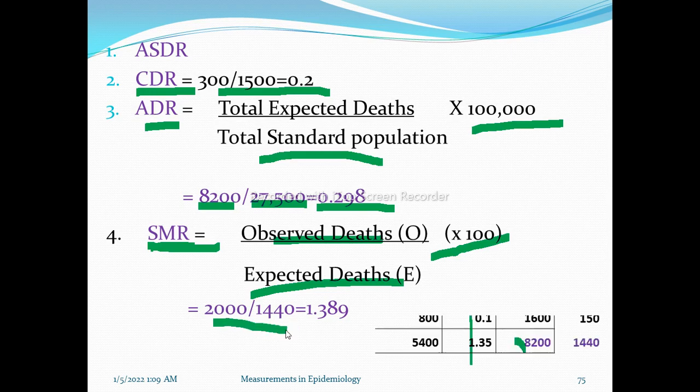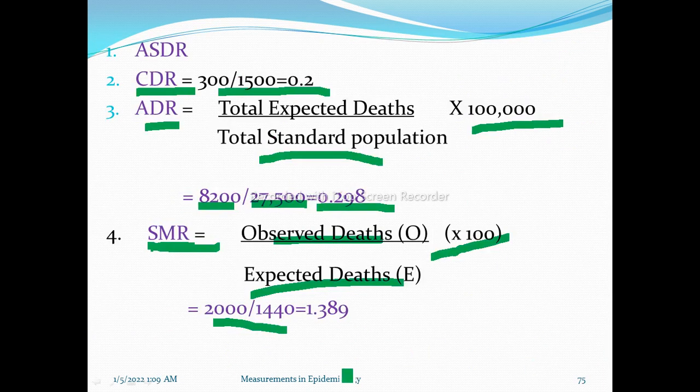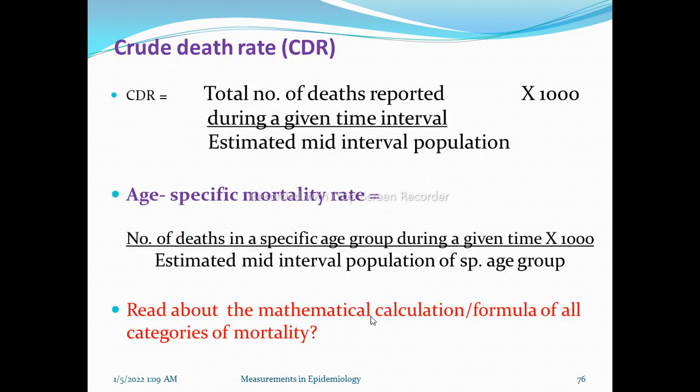This is 2000, and 2000 divided by this one, 1440, we'll get 1.389. So this is how it will be calculated for direct and indirect standardization.